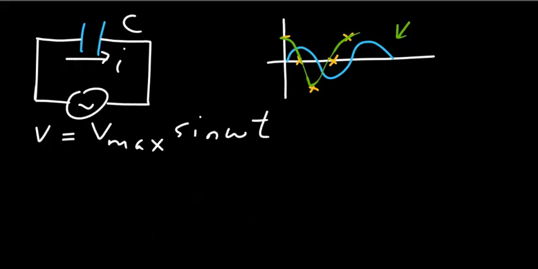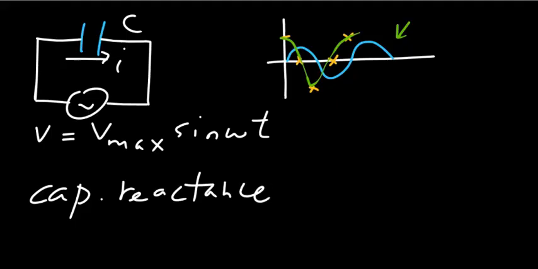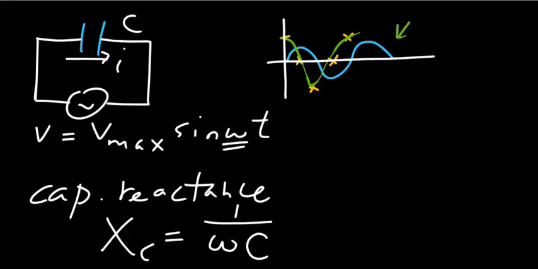The resistance-like effect of a capacitor on the current in an AC circuit is known as the capacitive reactance, and it's denoted with letter X with a subscript C, and it's related to capacitance in the following manner: 1 over the angular frequency of the signal generator times the capacitance of the capacitor.